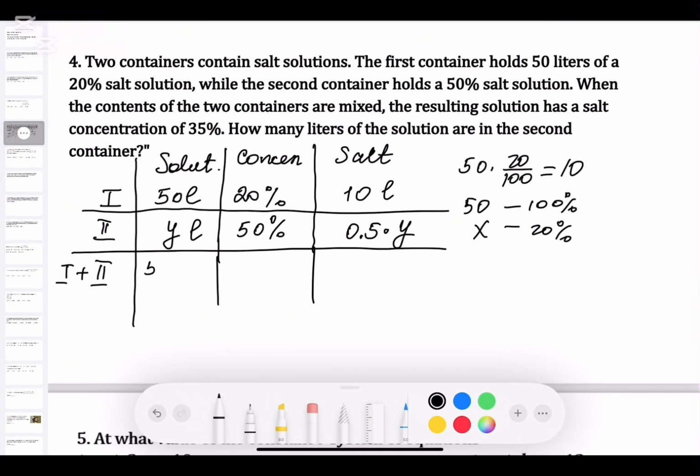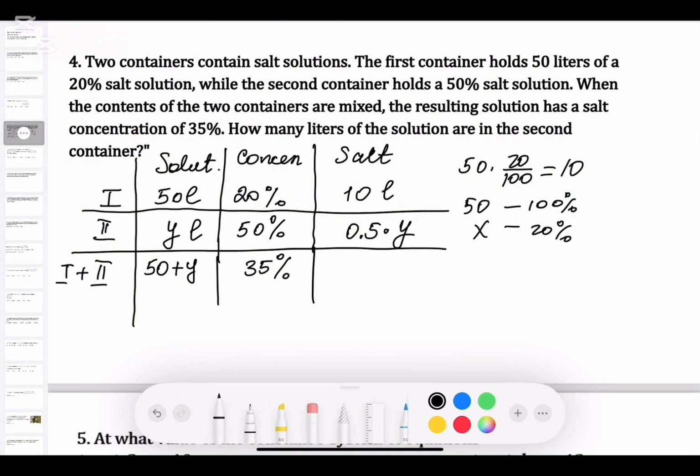So in total, we have 50 plus y liters of the solution. Well, you can't really see the concentration of the mixed solution with the naked eye. So you can't really say that it's going to be 70. In this particular problem, the concentration is given, and it's equal to 35%.